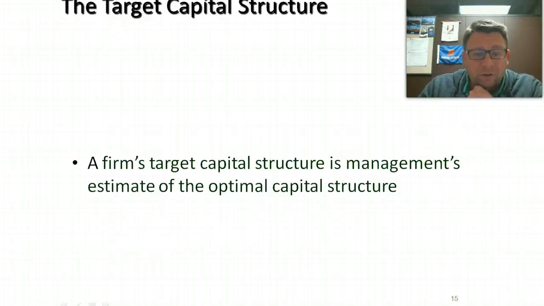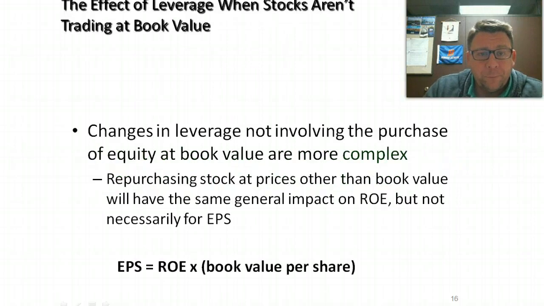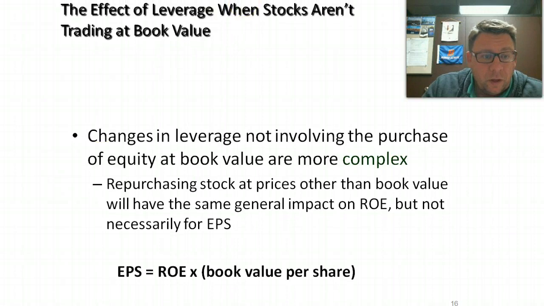The target capital structure is based on management's estimate of what they think will maximize the stock price. Let me see if I can push that back up here. Okay, and when our stocks aren't trading at book value, which by the way is almost always, changes in leverage involving the purchase of equity at book value are more complex.